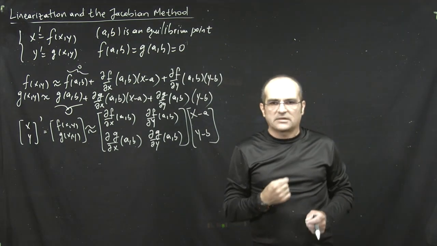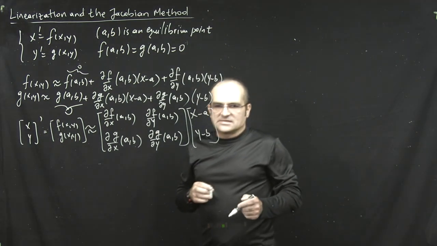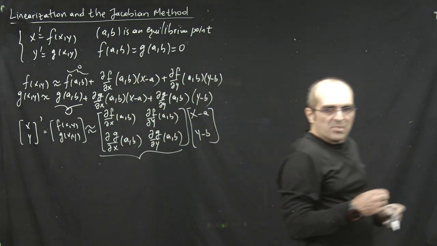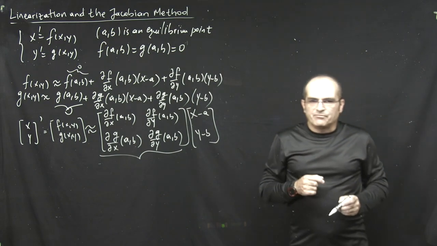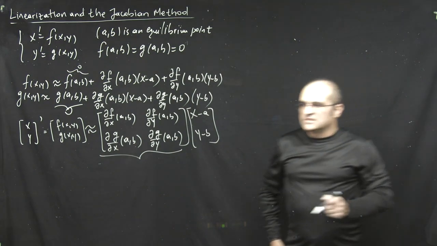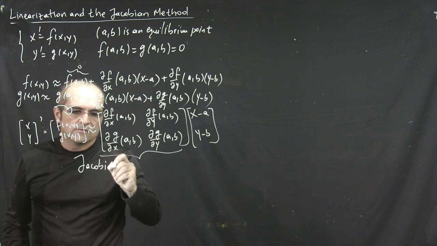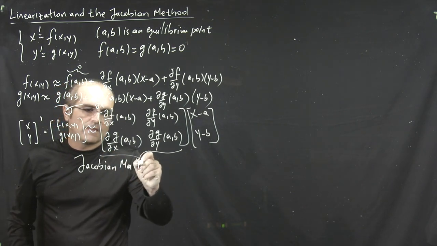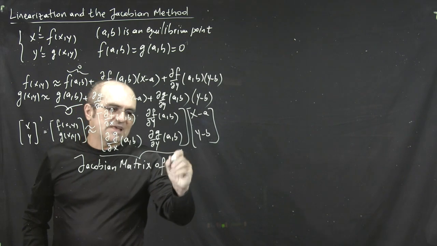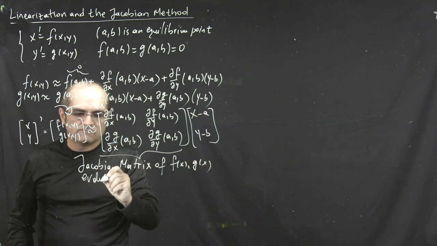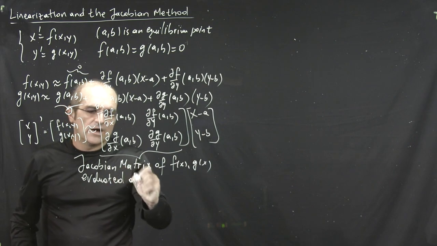The important part is that in some cases, the stability of the equilibrium point is completely determined by this matrix of partial derivatives. This is called the Jacobian matrix of the functions f of x, g of x, evaluated at the point (a, b).